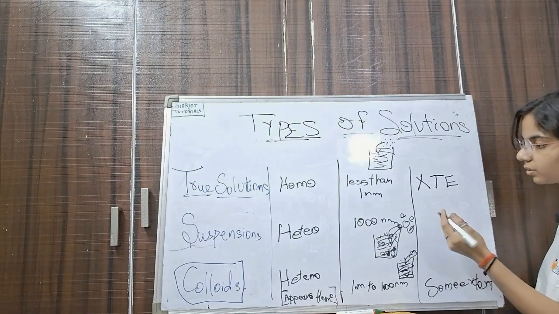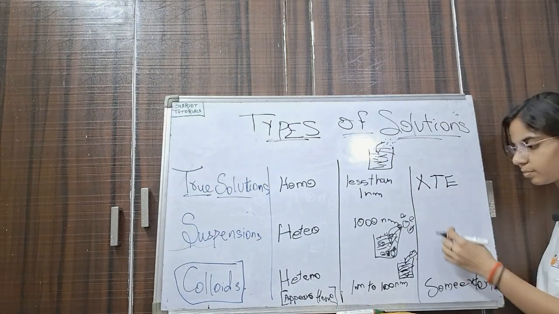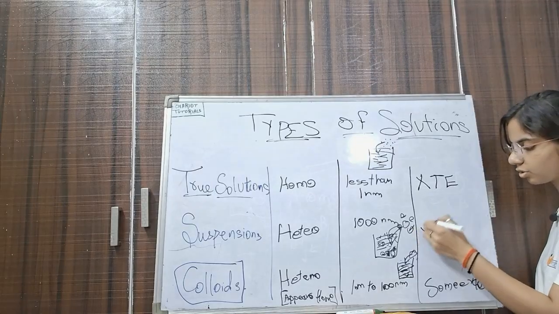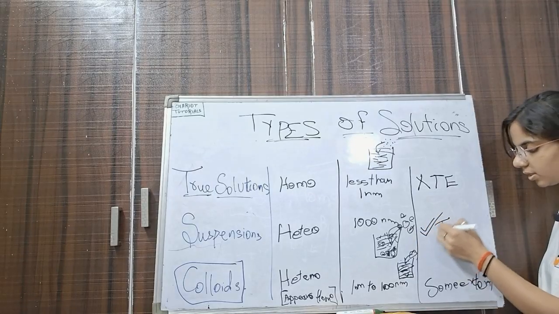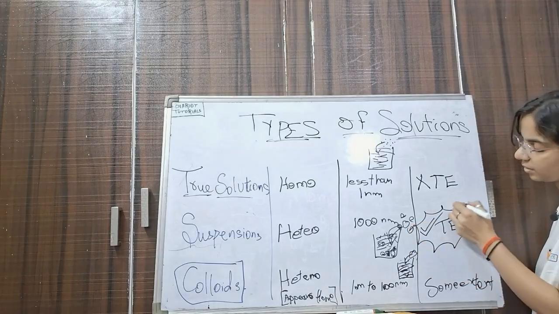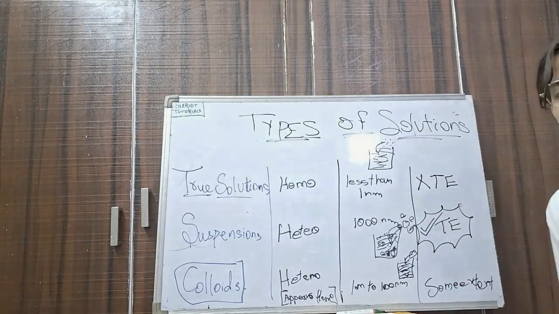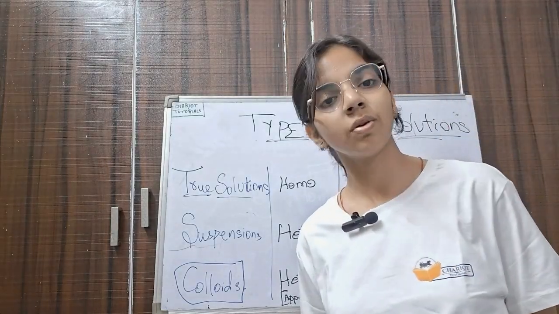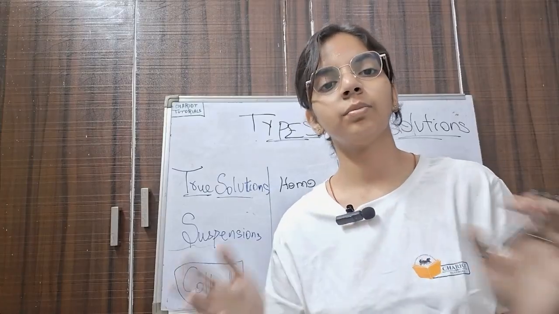And what about heterogeneous solution? Means about suspension, they show very high Tyndall effect. Means the best Tyndall effect is shown by suspension only. Why? Because their particle size is so large that they scatter more light.